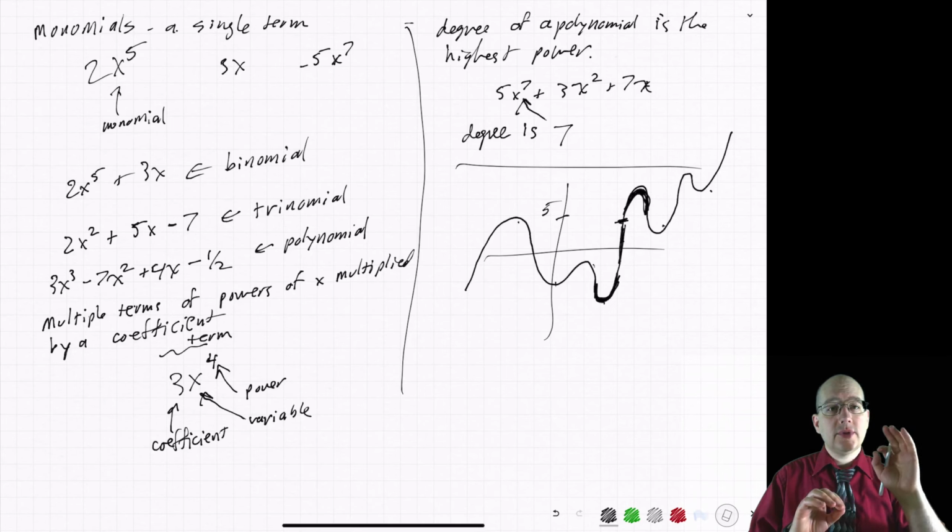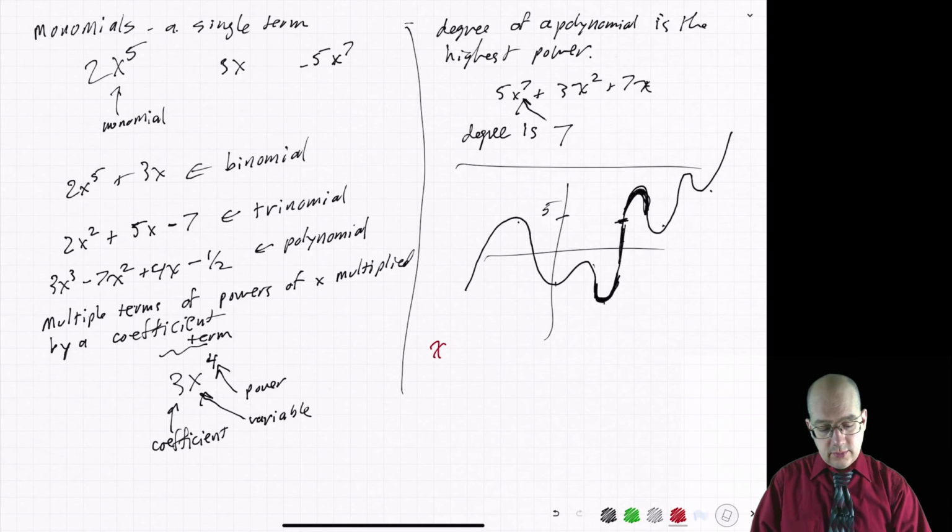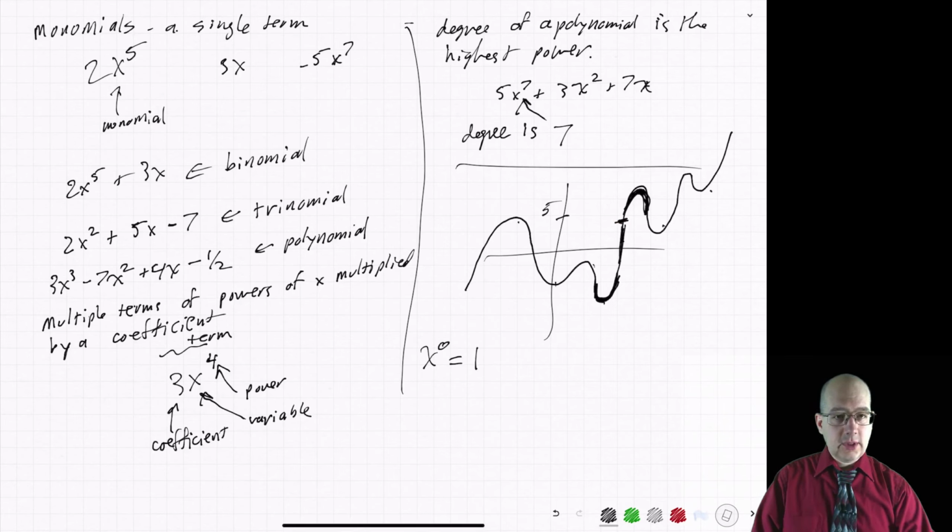The natural numbers. 0, x to the, I should say this. x to the 0 is 1. It's just defined that way. I mean, anything to the 0 power is 1 except for 0 to the 0. We just assume it's going to be 1. It's convenient for notation. Doesn't really mean anything, but we just assume.